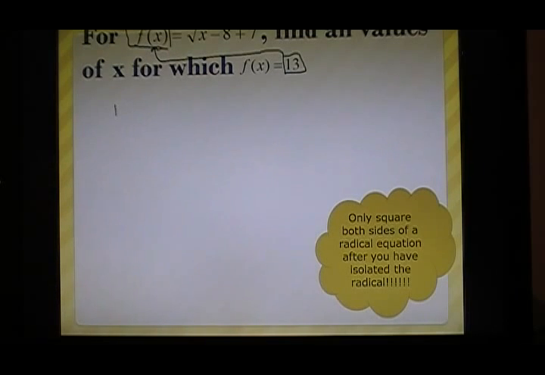And we have 13 equals the square root of x minus 8 plus 7. Now we have this radical equation that we want to solve. Our method is always to isolate the root first. So we subtract 7 from both sides, and we've got 6 equals the square root of x minus 8.